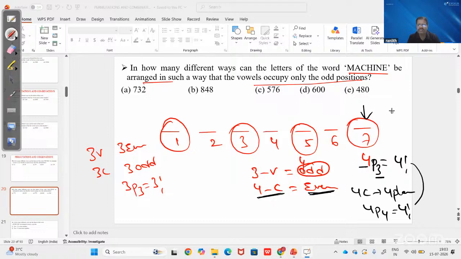Here also we need to take 4 factorial into 4 factorial. 24 into 24 equals 576. The answer is 576.